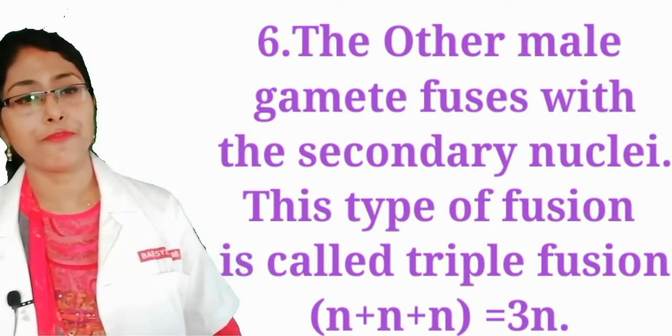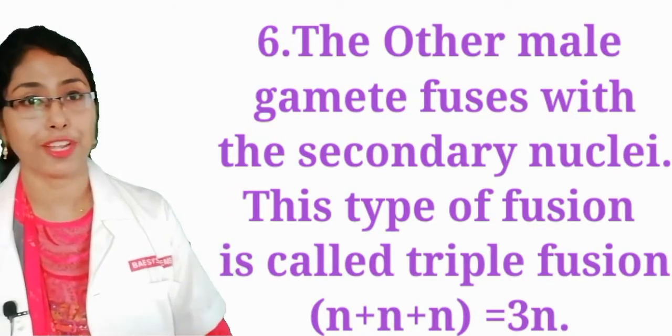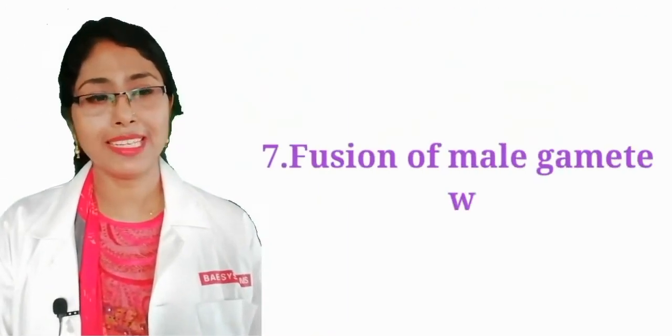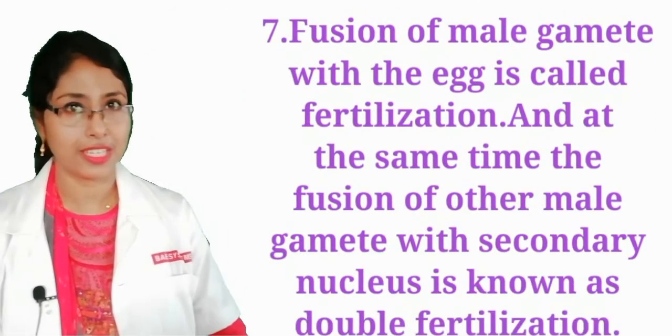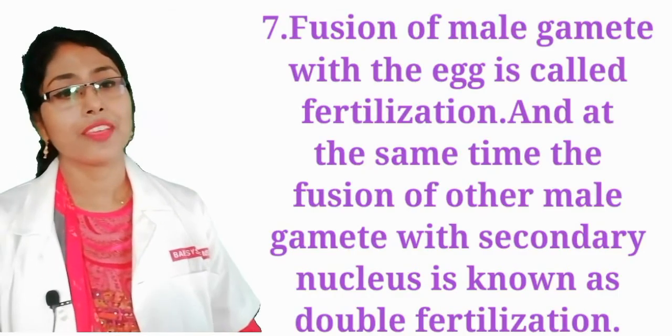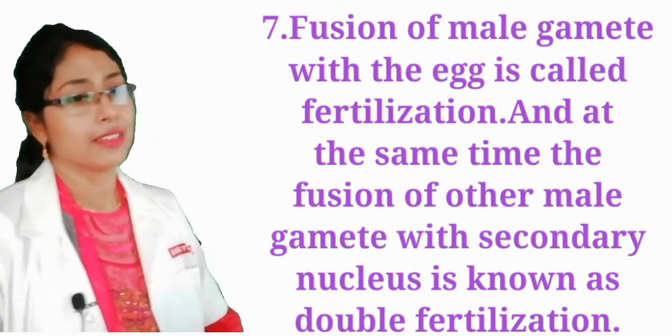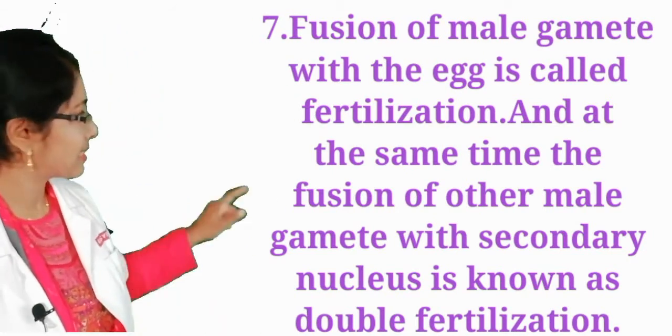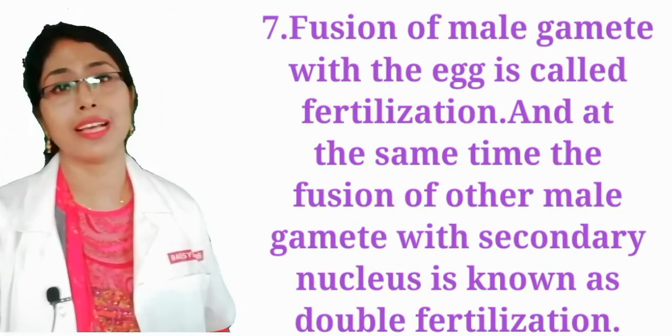This type of fusion is called triple fusion. Fusion of male gamete with the egg is called fertilization. At the same time, the fusion of the other male gamete with the secondary nucleus, together, is known as double fertilization.